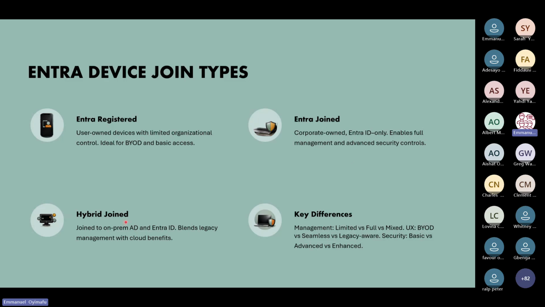And also we have hybrid joined. So this hybrid join, we are not going to really touch this, because if we want to go into hybrid join, it means that we are going to touch Active Directory. And if I go to Active Directory now, it might look very hard, but it's not as if it's hard. But I want us to start with Entra ID first. Then once we understand Entra ID, later on our own, we can go and watch some videos on YouTube, like our founder, Madam Olajumoke Toriola.